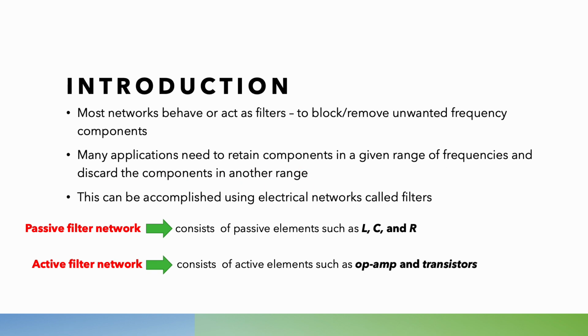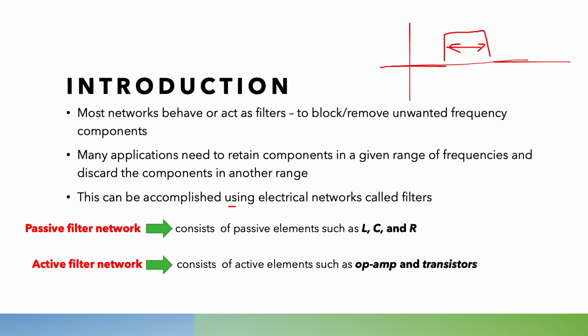If you still remember, a filter allows some frequency range to go through. For example, here, some frequency range passes through in a pass band, and the rest of the frequencies it will filter out or discard.